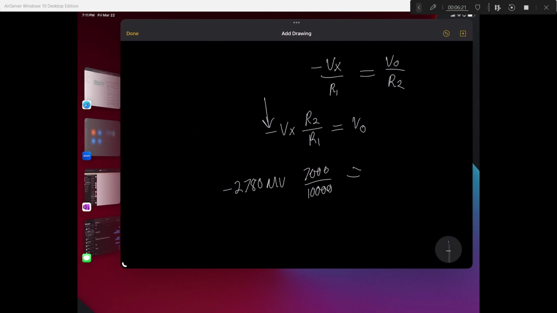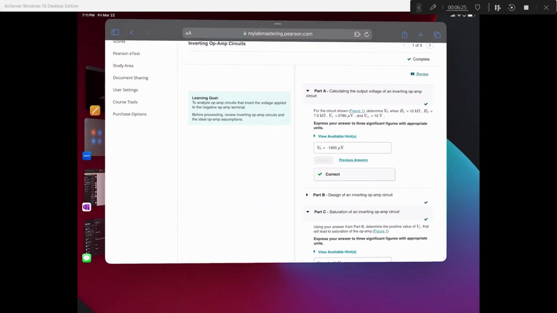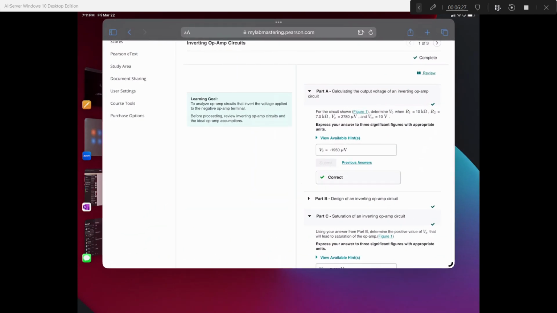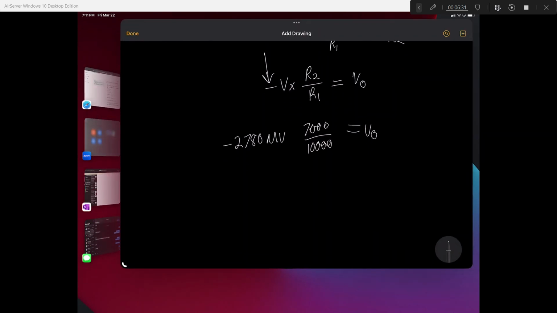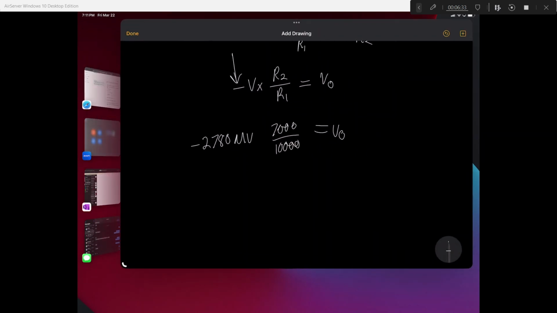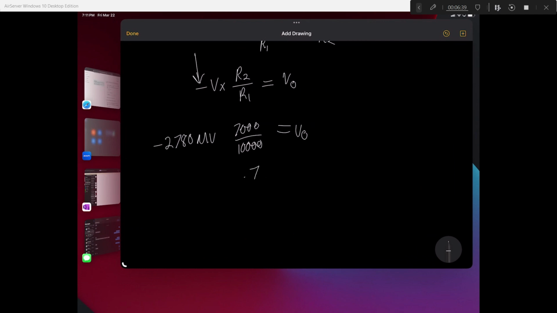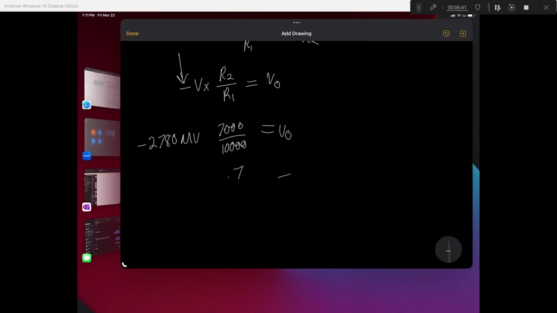Let's go to V out. If we did 7,000 divided by 10,000, we get 0.7 times negative 2,780, and our output, if we don't change that unit, is going to be in microvolts still.